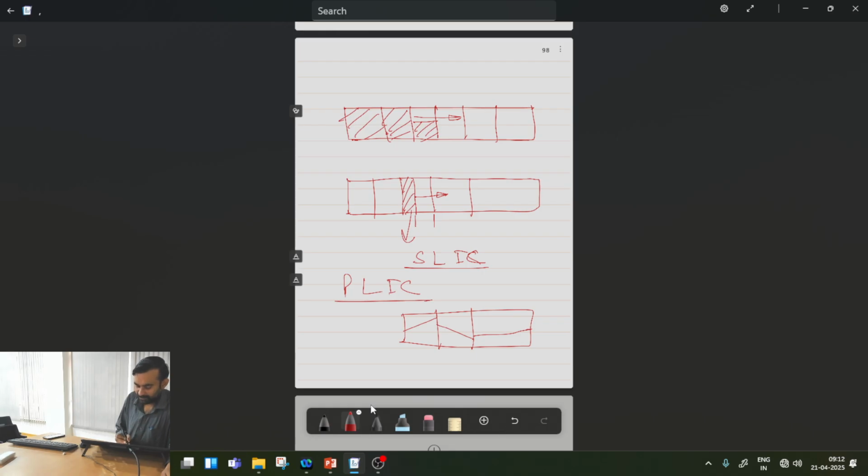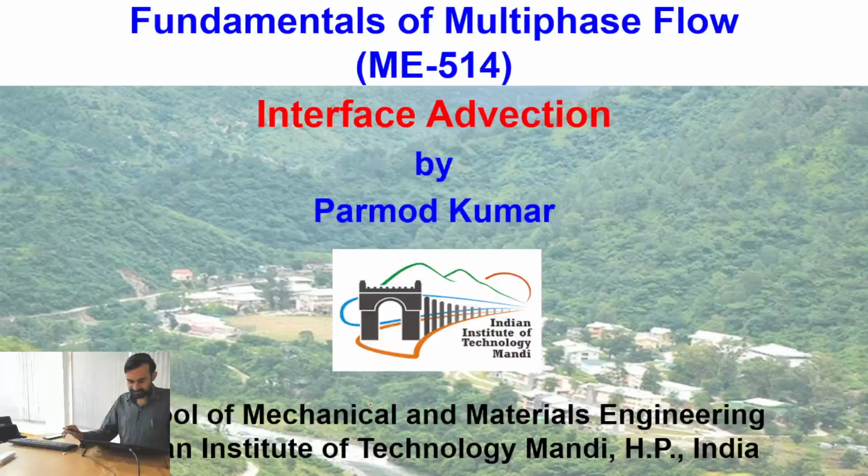Whenever the interface propagates, its normal is in some other direction. I have to see the propagation of the interface in both the x and y directions, and its normal is pointing somewhere else. So the situation is not as simple as it was for SLIC reconstruction. Is this point clear?